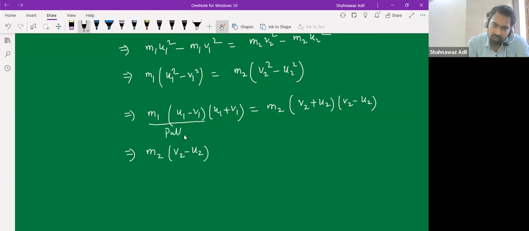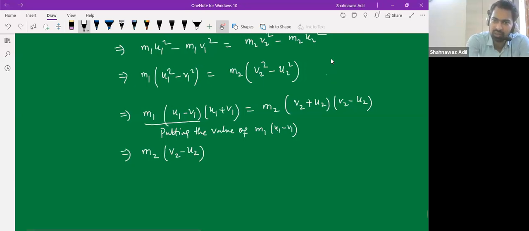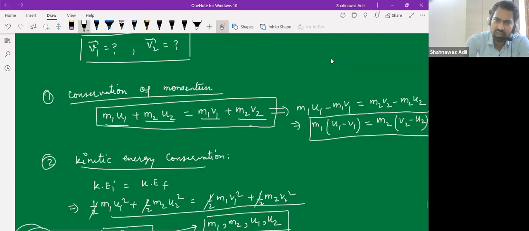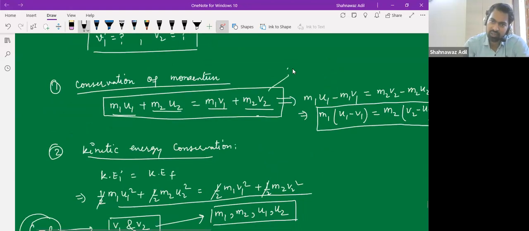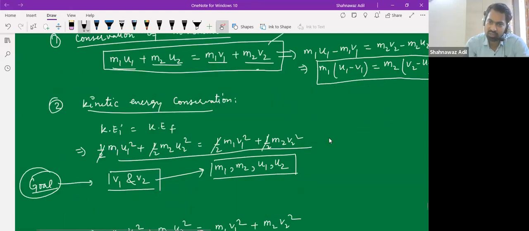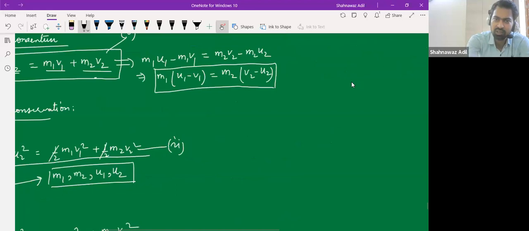Putting the value of m1 times u1 minus v1, right? Let us write this as equation first, this is equation second, this is equation third.